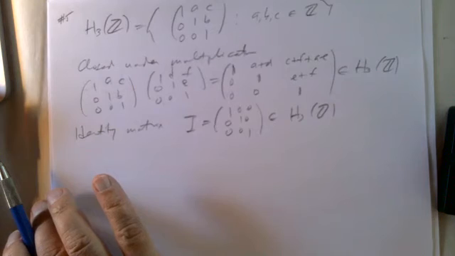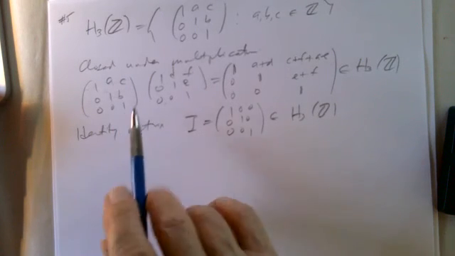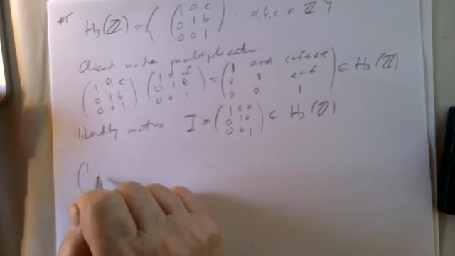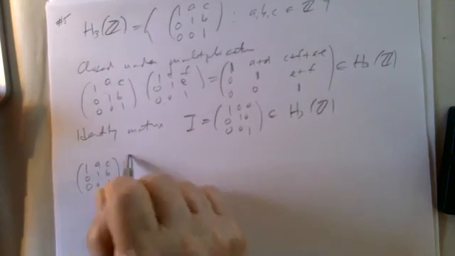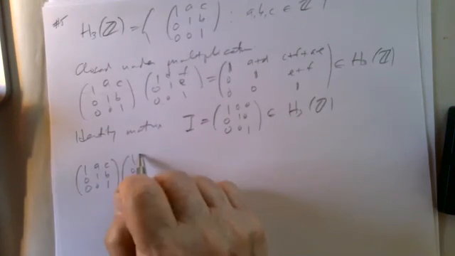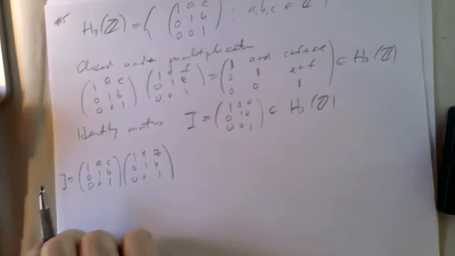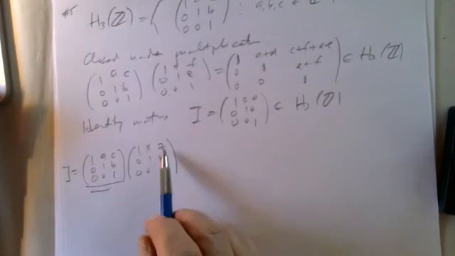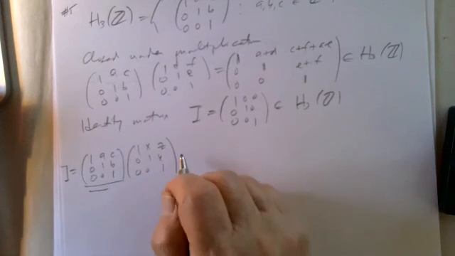So maybe the only hard thing is to show that this set contains the inverse of each matrix. So if you have an element in this set, we want to find a matrix that looks like this, where this product is equal to the identity. So this is given, and I want to find X, Y, Z such that this is the identity.